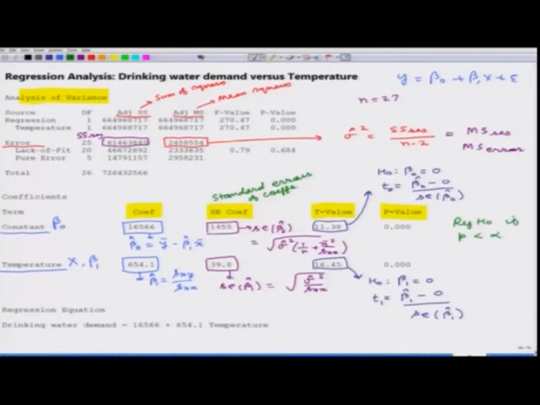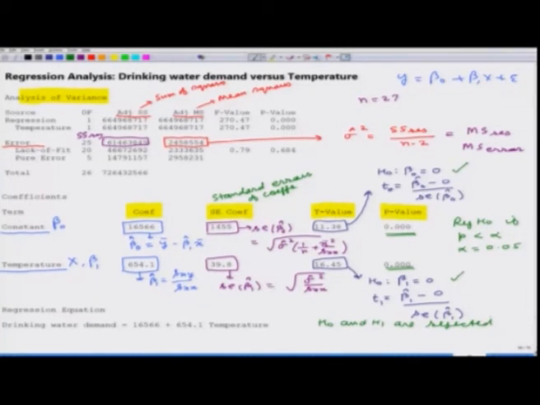So, now in our case alpha is equal to 0.05, and here you can see that this p value is coming out to be very close to 0, and in this case also this p value is coming out to be very close to 0. Beta 0 equal to 0 and H naught beta 1 equal to 0. So, now we can conclude that both H naught are rejected.